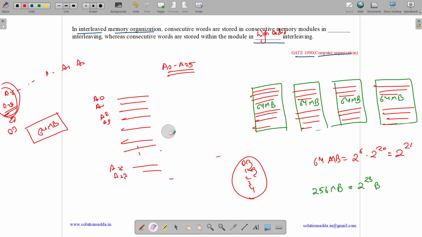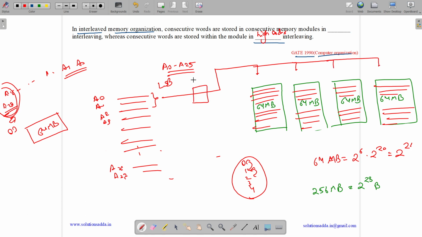So what will we do in low order interleaving? We will use A0 and A1, which means we will use the least significant bits. These two bits determine the chip select logic. As before, it is determined using a 2x4 decoder. And these 26 bits are used as address lines.